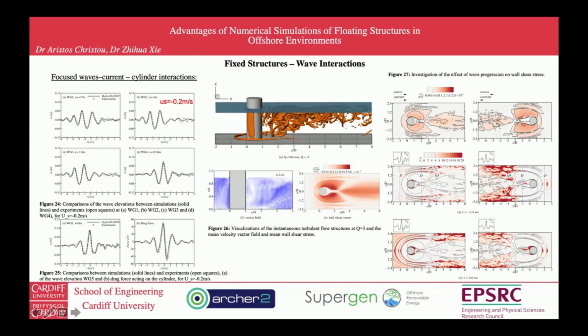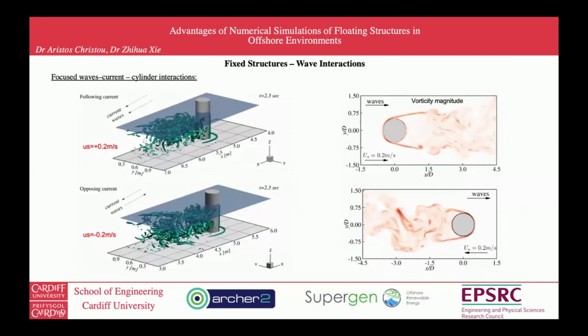And then the dark red spots here show how the waves, the focus waves, affect the wall shear stress. It's worth noting that the area enclosed by the horseshoe vortex stays unaffected, whereas the area outside the turbulent wake and the horseshoe vortex is affected quite a lot by the wave-induced flow field.